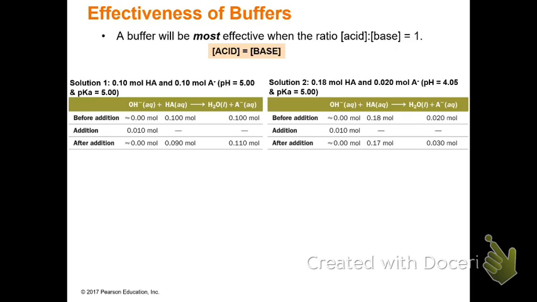All right, so we have two buffer solutions. Okay, we have solution 1 and solution number 2. In solution number 1, notice that the amount of the acid is equivalent to the amount of the conjugate base. Okay, so the ratio here is 1 to 1, whereas in solution number 2, the ratio is not 1 to 1.